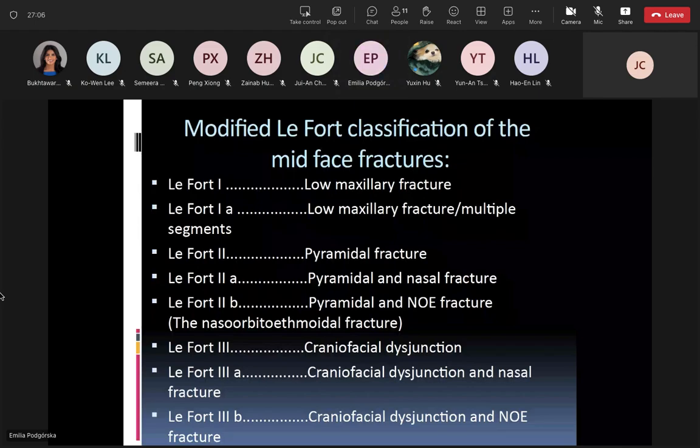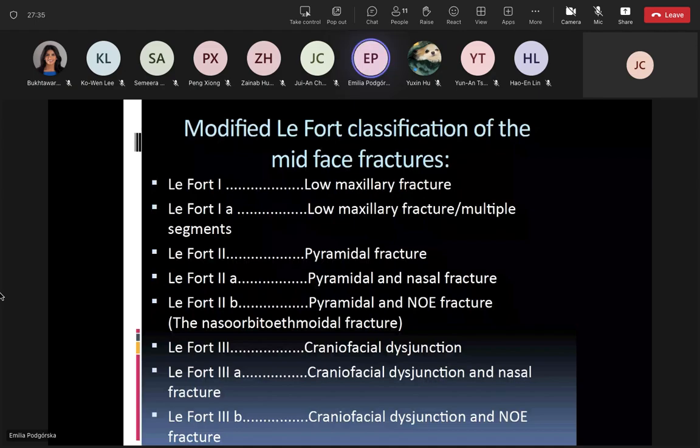Level 2B, pyramidal and nasoethmoid fracture. Level 3, craniofacial disjunction. Level 3A, craniofacial disjunction and nasal fracture. And level 3B, craniofacial disjunction and nasoethmoid fracture.